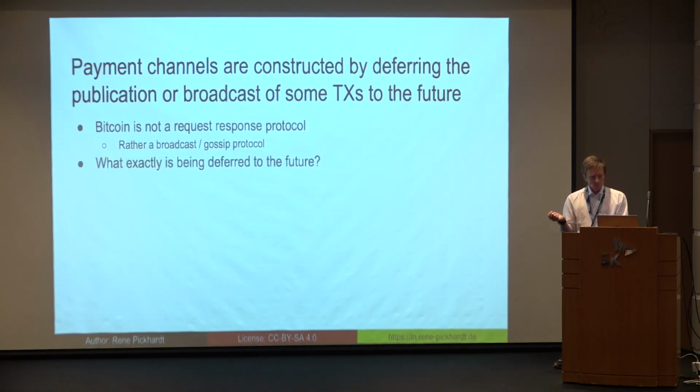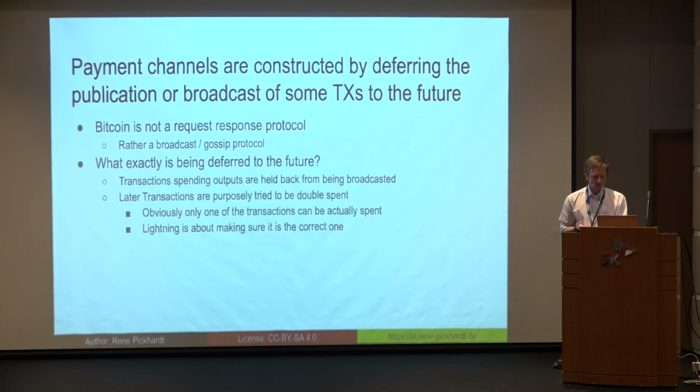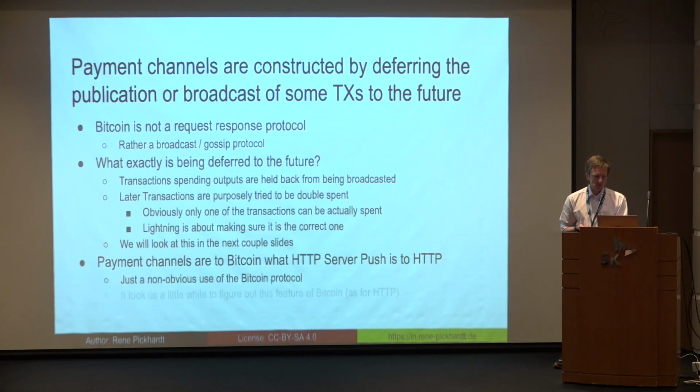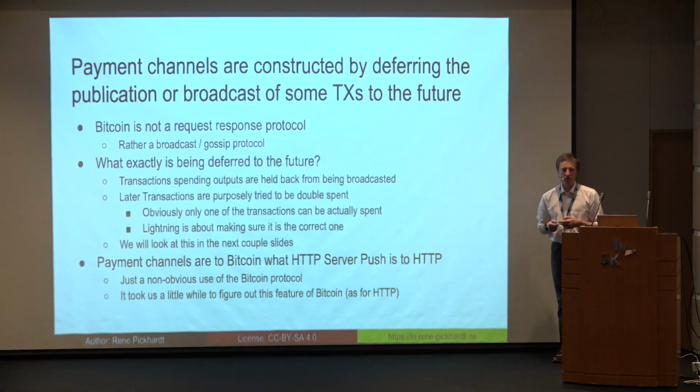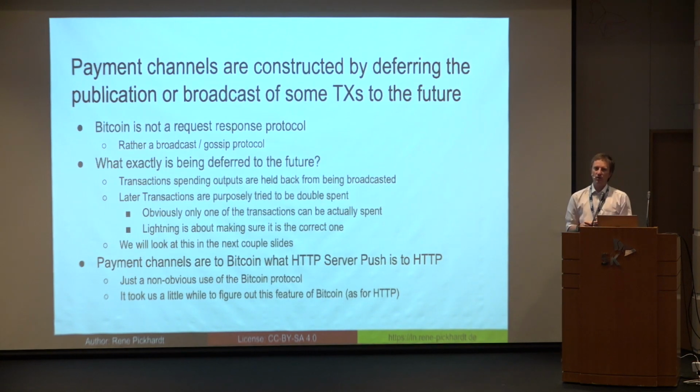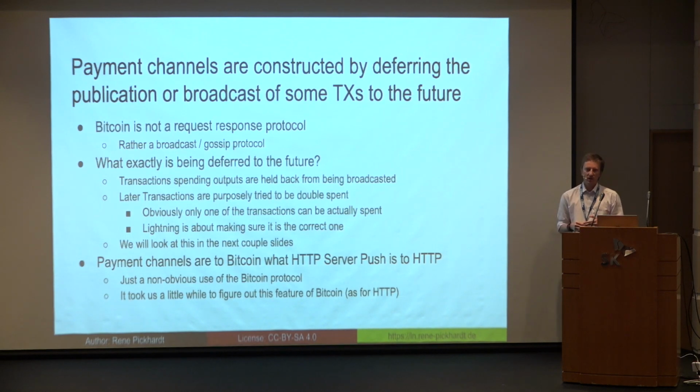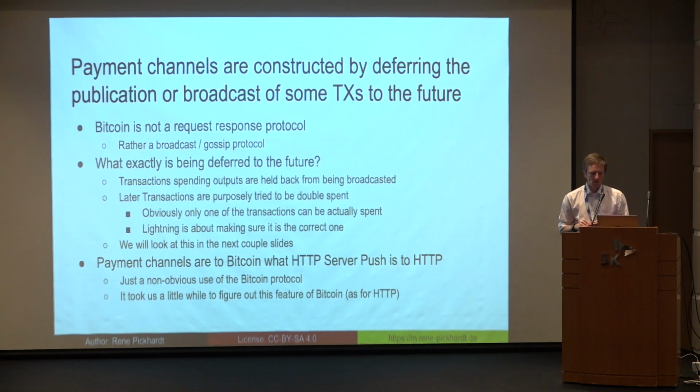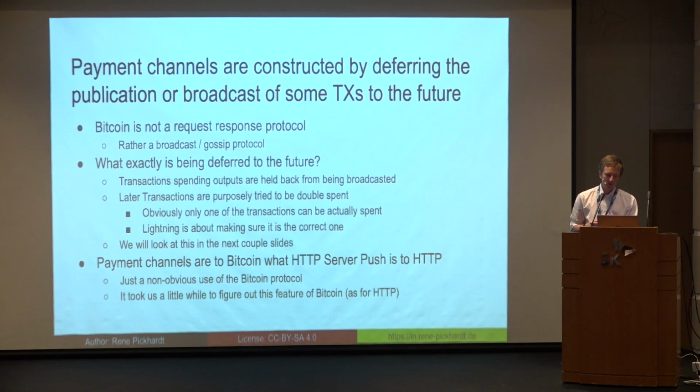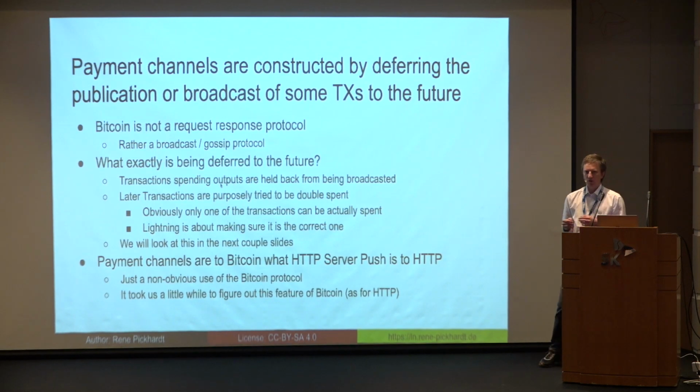Bitcoin is not a request-response protocol. It's rather a broadcast gossip protocol. We're broadcasting messages, the blocks that we found, the hops that we know about. We achieve consensus and voting by broadcasting messages. So what we want is to change the mechanism.